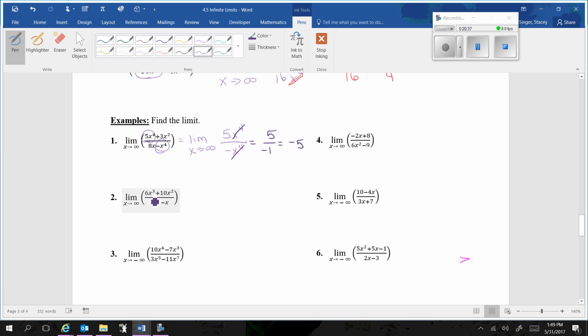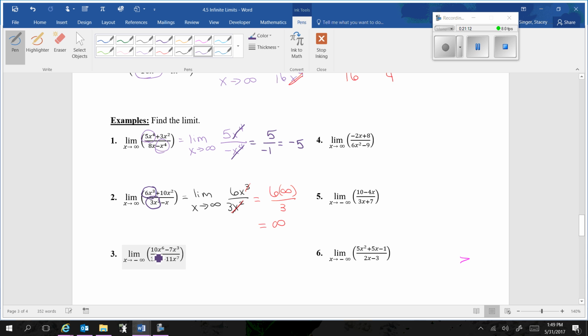Number 2, if I'm looking at my highest powers, I have 6x to the third divided by 3x squared. So that would be the limit as x approaches infinity of 6x to the third divided by 3x squared. Well, I cancel out my x's. I still have 1 in the numerator, so I would have 6 times infinity divided by 3, which ends up being infinity.